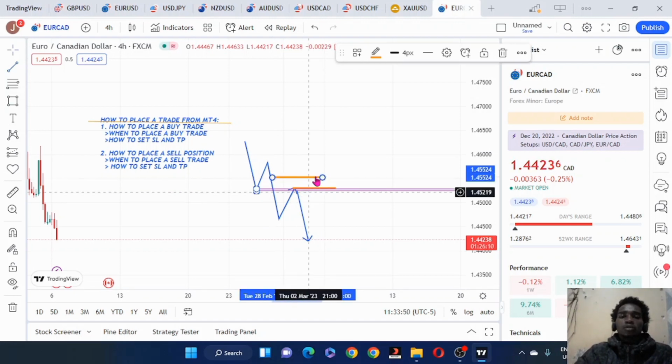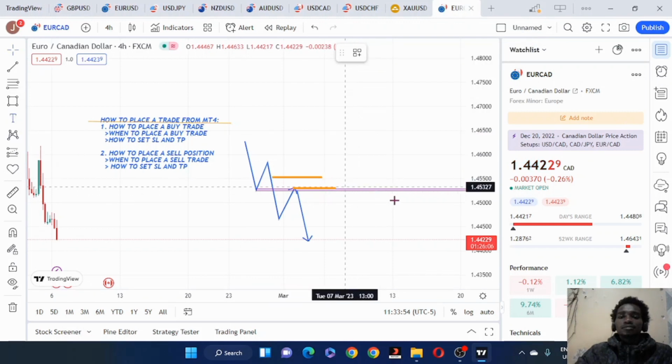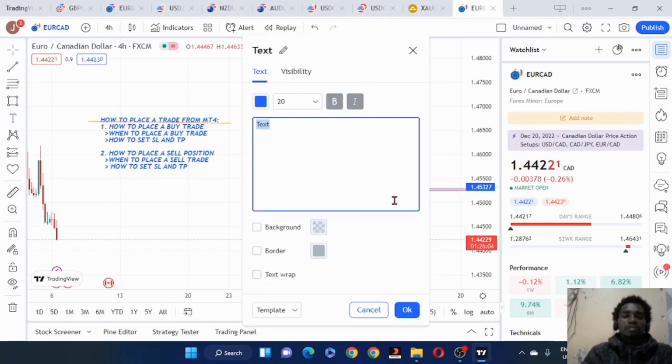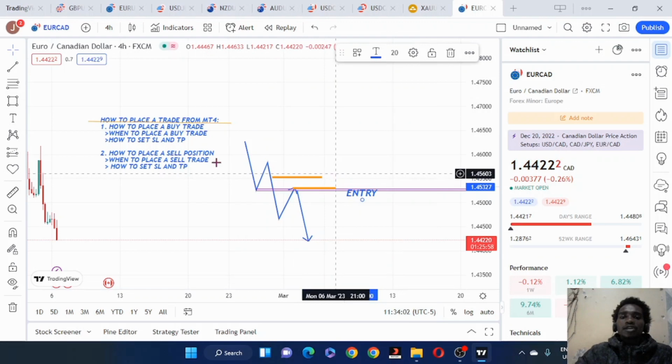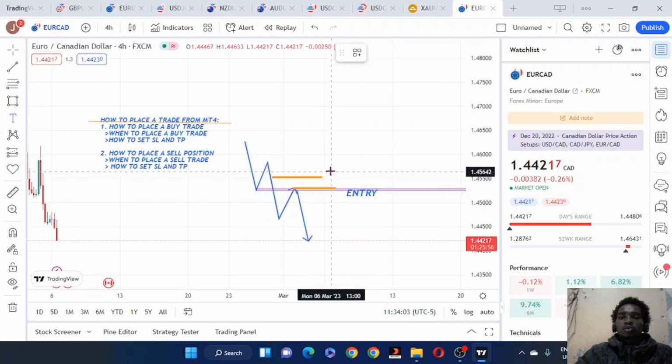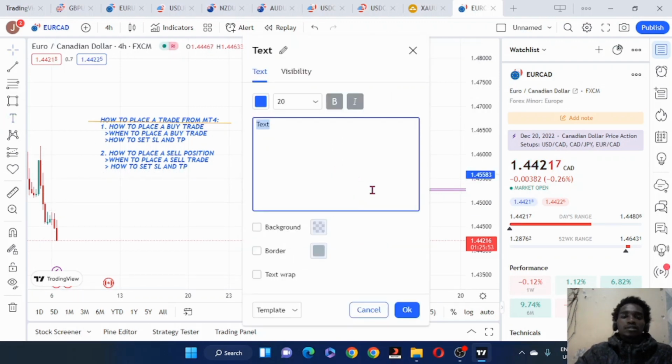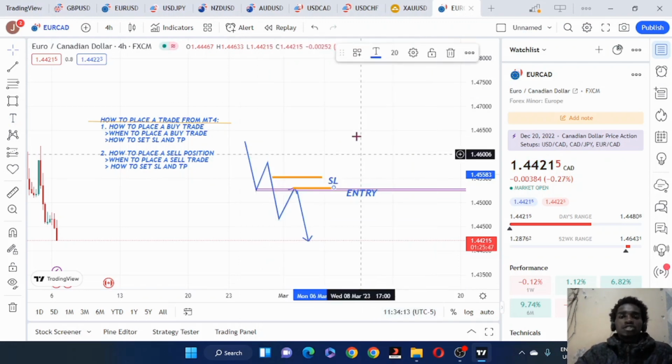This will be my entry, then this one will be my stop loss. That's how the trade is.